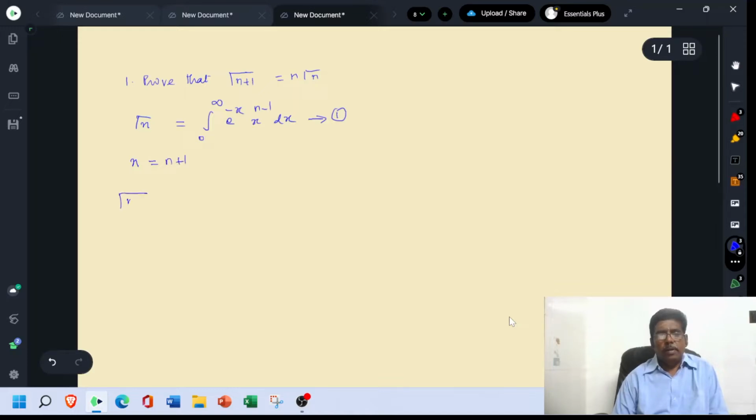Then gamma of n plus 1 is equal to the integral from 0 to infinity of e power minus x, x power n plus 1 minus 1 into dx, which is equal to the integral from 0 to infinity of e power minus x, x power n into dx.